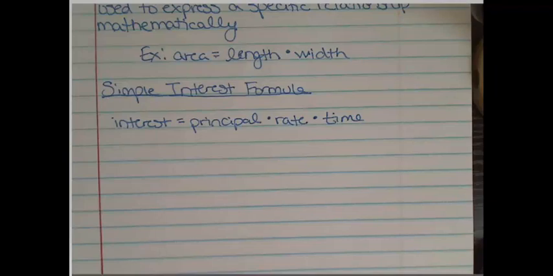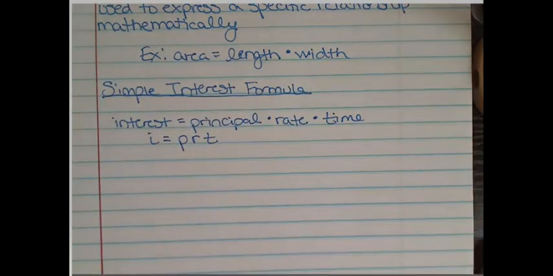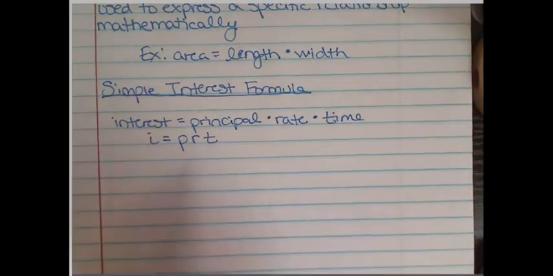A lot of times this is shortened to I equals PRT for the principal, rate, and time. So what all does that mean? Well, here's an example.